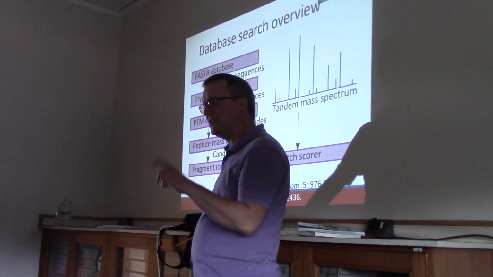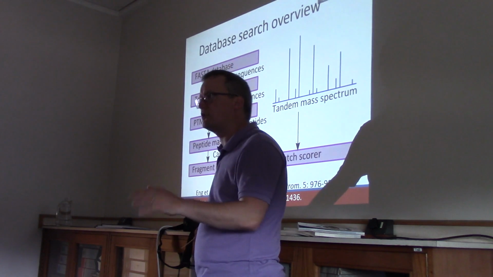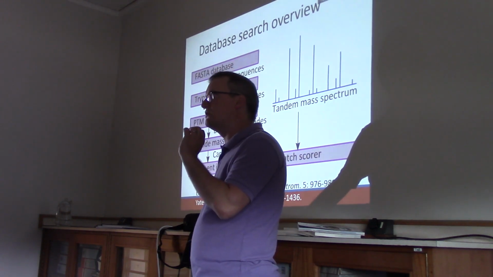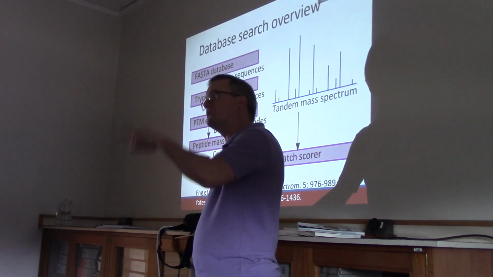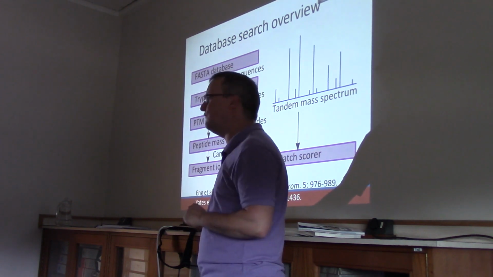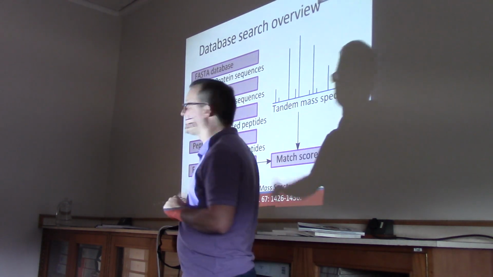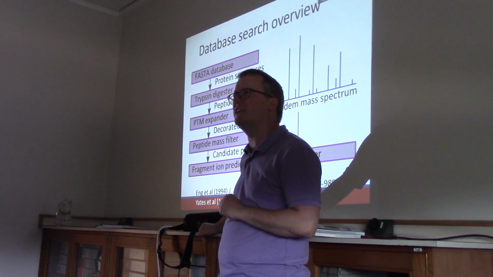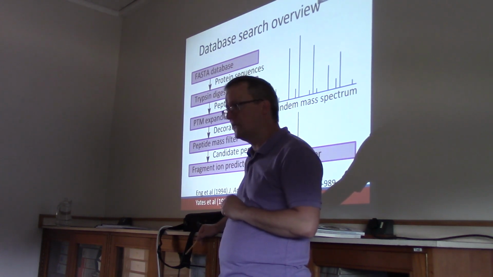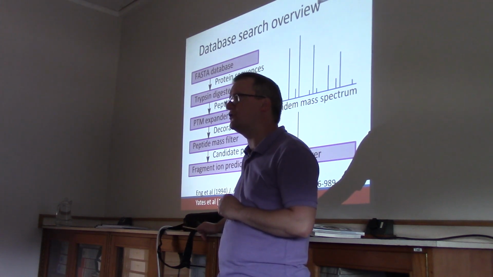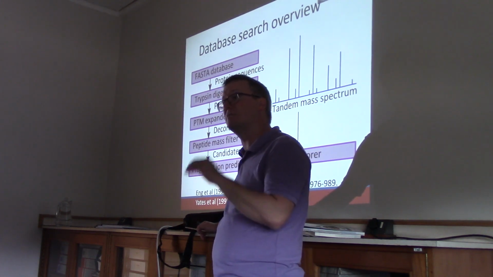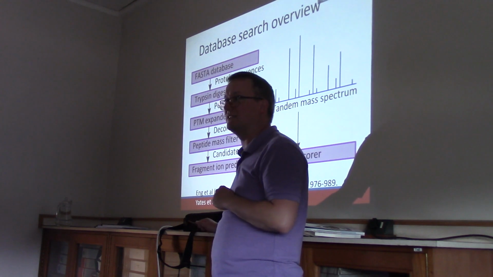Now, part of the Sequest, the first database search algorithm that was not published in the first paper, but was picked up in the second in 1995, is this PTM expander. Does anyone know the phrase PTM, where that comes from? Post-translational modification. Lots of proteins bear modified masses.